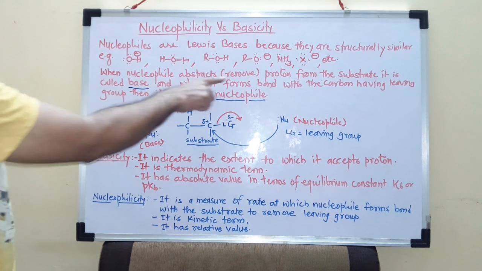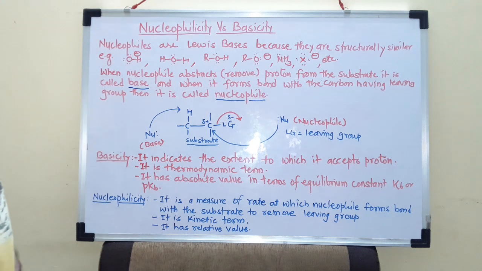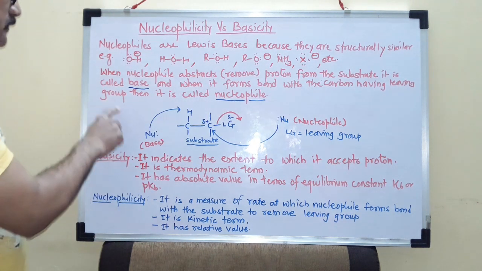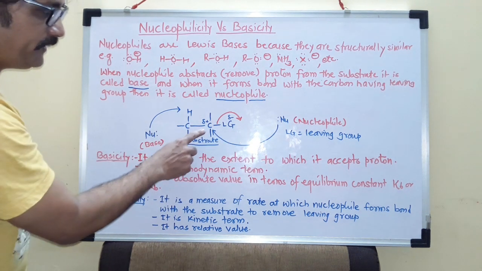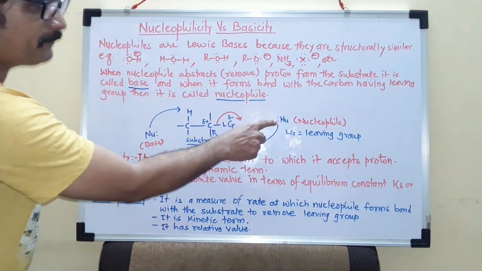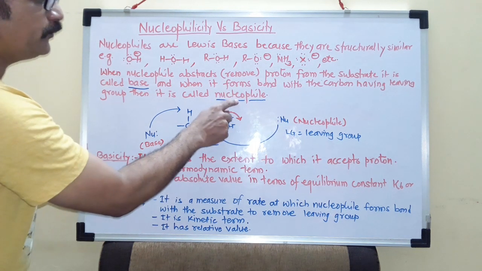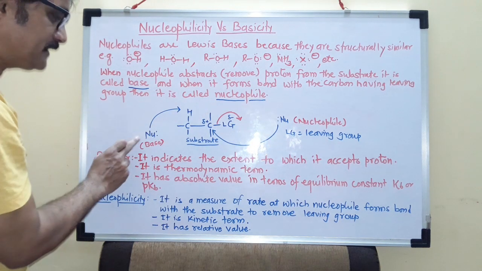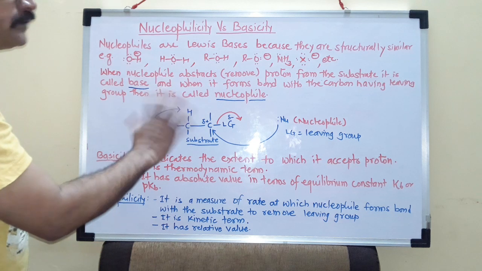When a nucleophile abstracts a proton, removes a proton from the substrate, it is called a base. And when it forms a bond with the carbon which has a leaving group, see the polar bond, and attacks here, forming a bond by providing a pair of electrons, then it is called a nucleophile. So with the same substrate, the same nucleophile can act as a base as well as a nucleophile and give two different reactions.